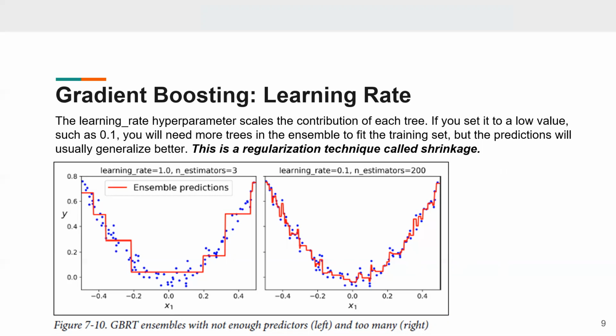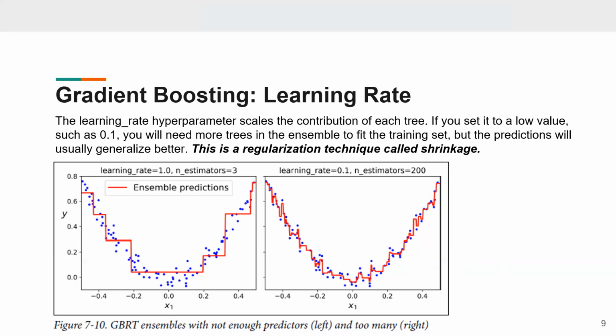So with the learning rate set to a smaller value, you need more trees in the ensemble to fit the training set, and this whole process is called shrinkage. And here is just an example. If you look at the left-hand side for the gradient boosting trees, it doesn't have enough predictors.